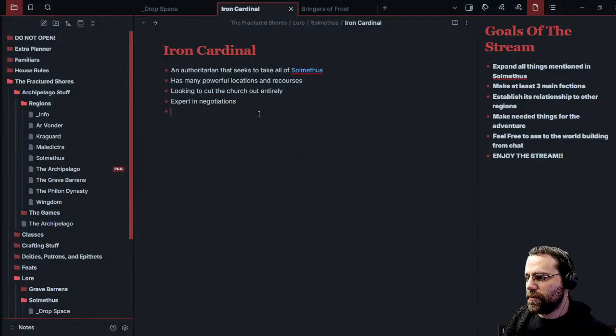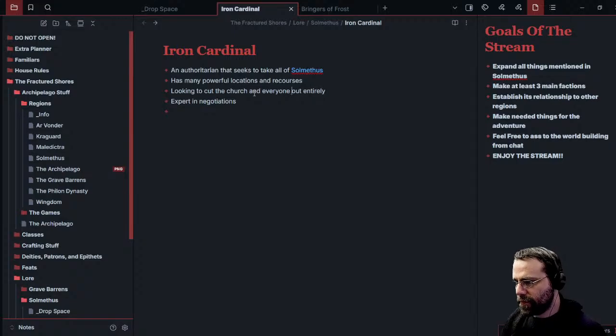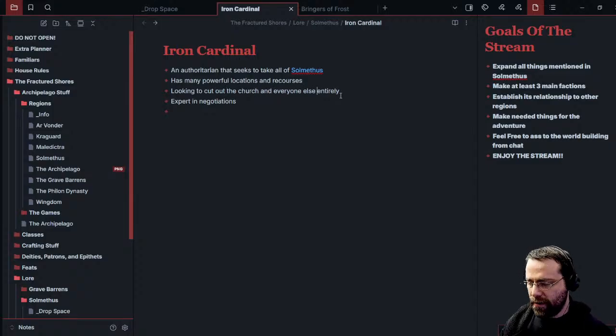Occasions and resources looking to cut out the church entirely. The church and everyone else. Cut out the church and everyone else entirely.